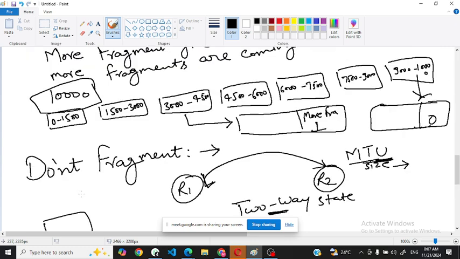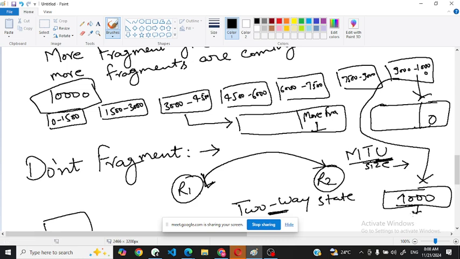Suppose router 2 is receiving only 1000 bits, and it has the capacity to process 1500 bits at a time.